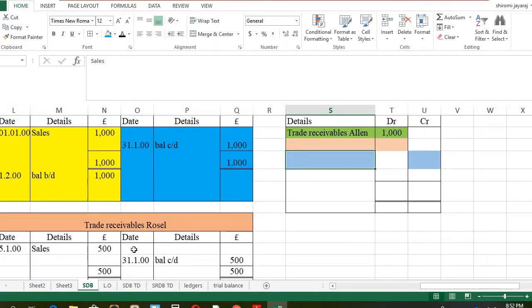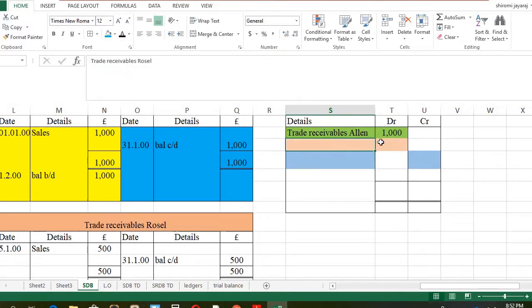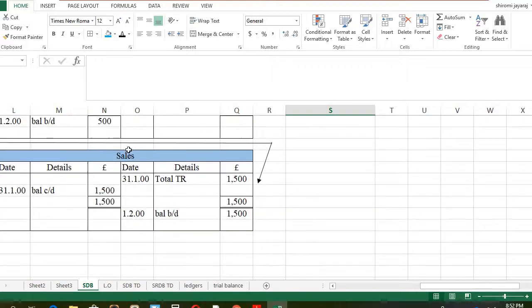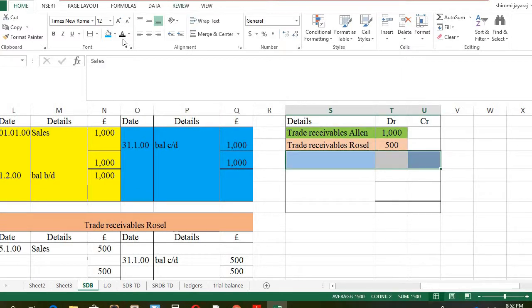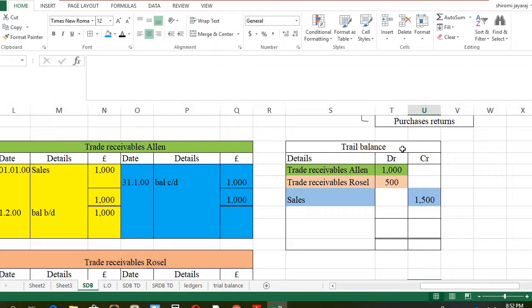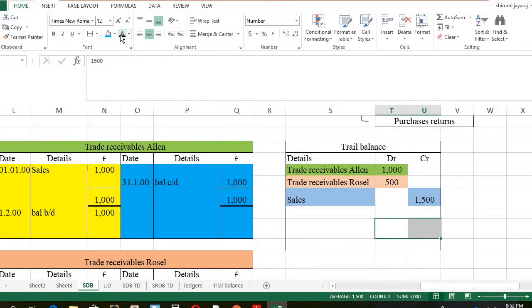And then trade receivable Russell has a debit balance of 500. And then the last one, sales account, has a credit balance of 1,500. Now we are done with posting entries to the trial balance. Now you can see that the debit balance equals the credit balance.